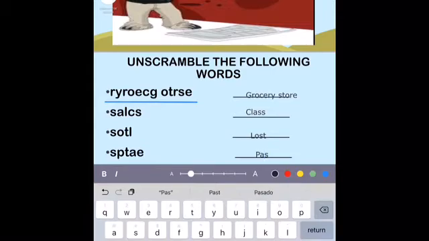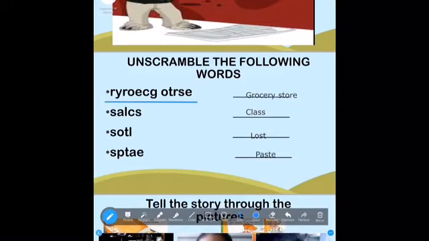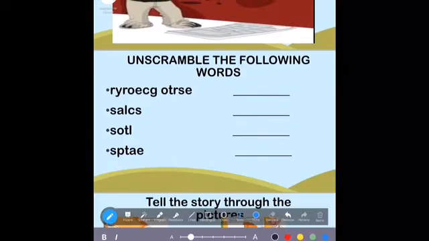S, exactly. Then? T-E. Paste, like this, right? Okay, very good, guys. Thank you, Alan. Excellent job.